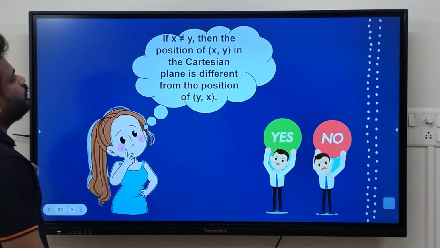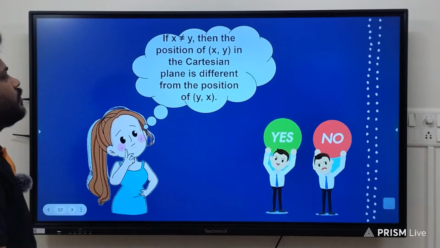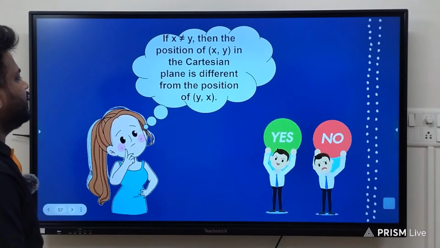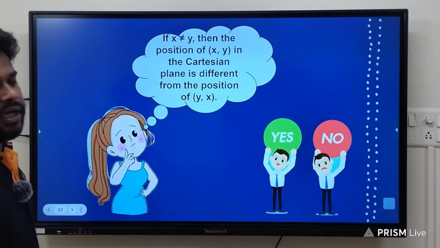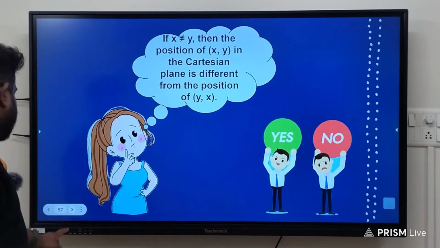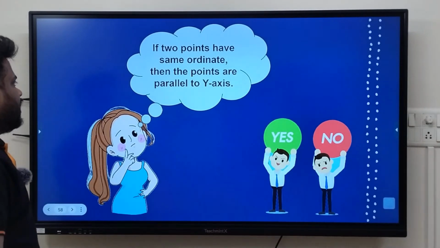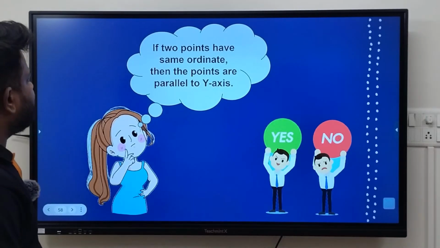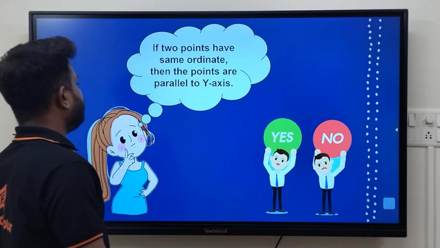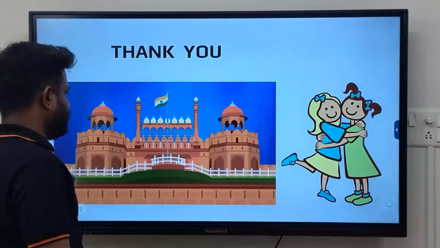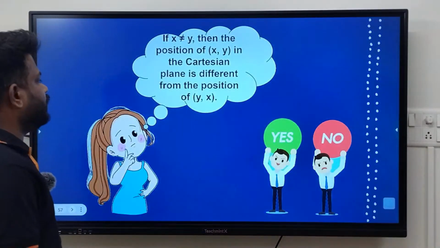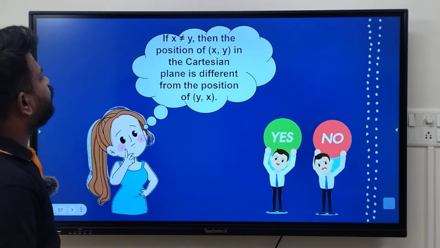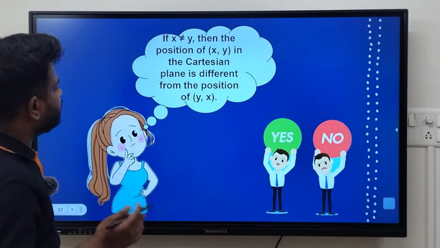If x is not equal to y, then the position of (x, y) in the Cartesian plane is different from the position of (y, x), and we already know about it. These are two little quiz questions. You can think about whether the position of (x, y) in the Cartesian plane is different.